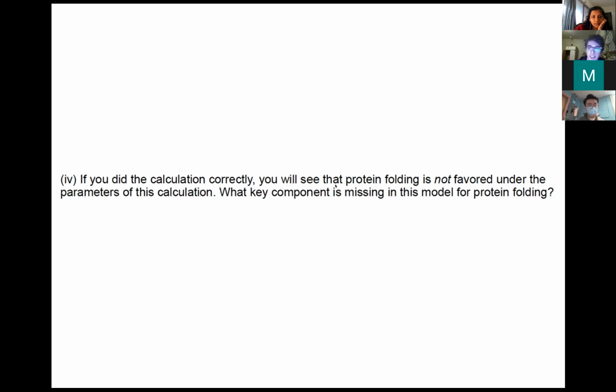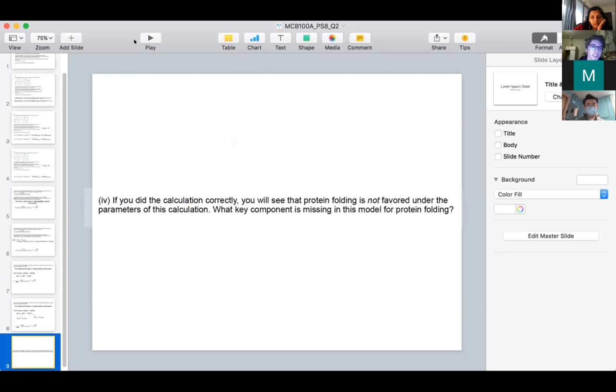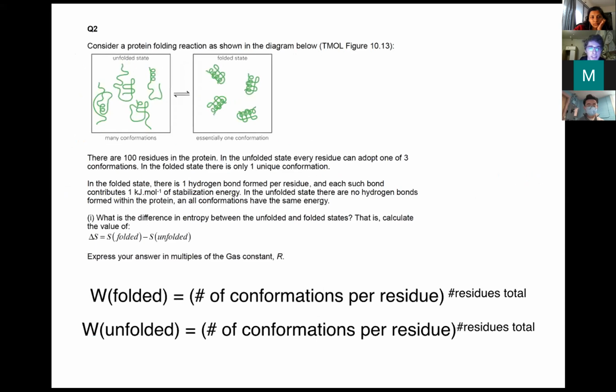Okay, what's W unfold? So, sorry. So W unfold is basically the multiplicity of the unfolded protein. So it's given that the unfolded protein has 100 residues and each residue can adopt 3 conformations.